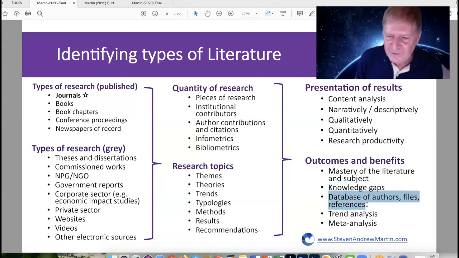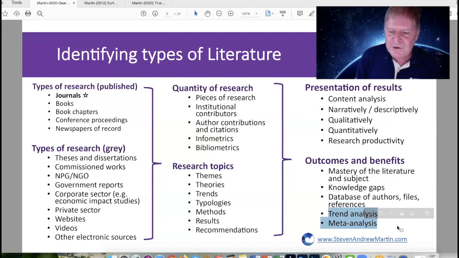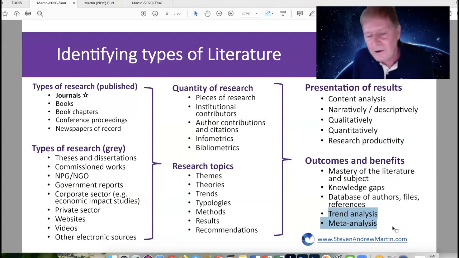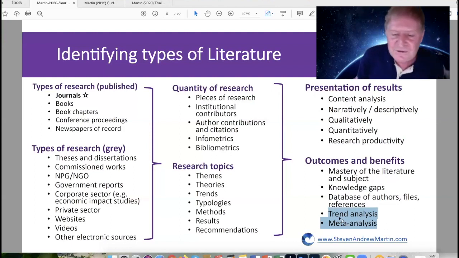And we can also create a database here of authors and files and references. And after our systematic review, we can move on to other types of reviews that are similar, that maybe are part of our systematic review, or something we publish after the trend analysis or meta-analysis.